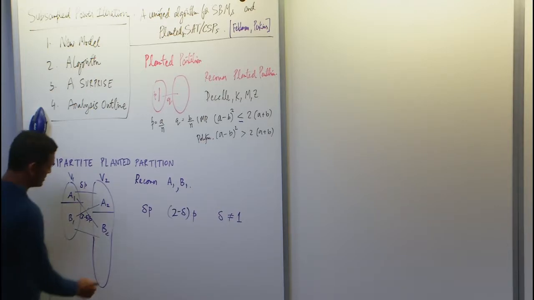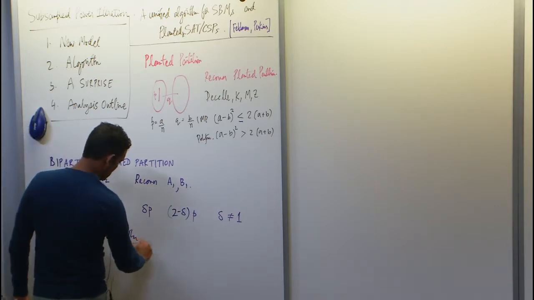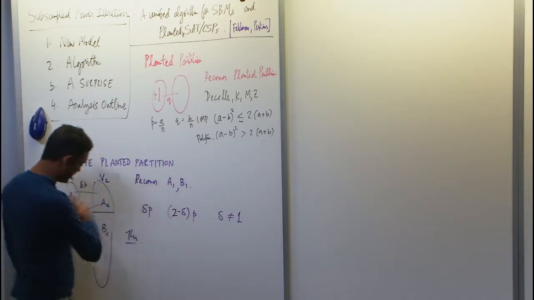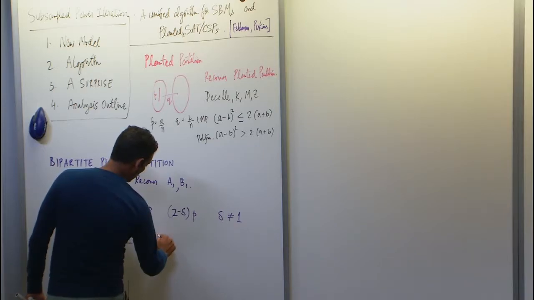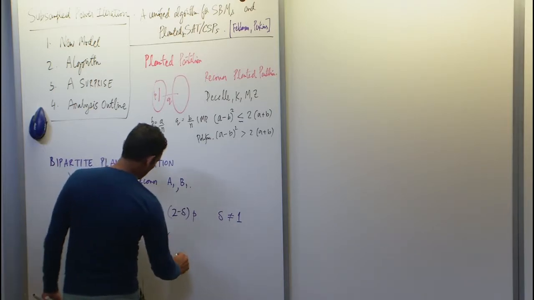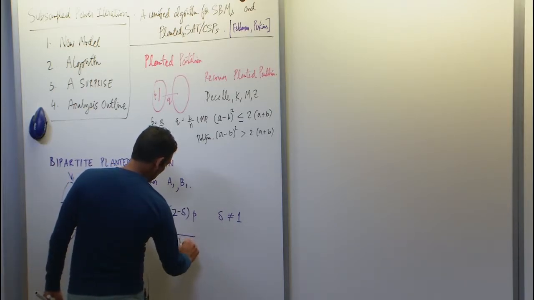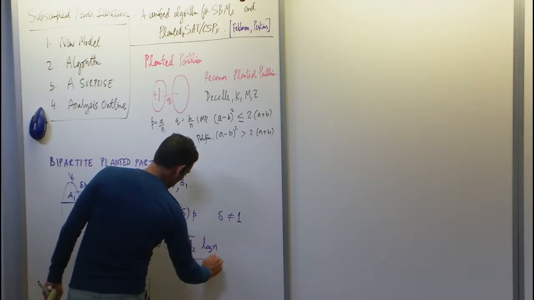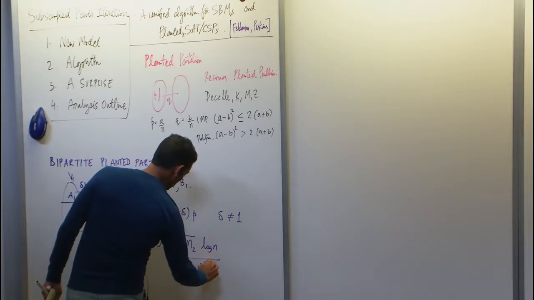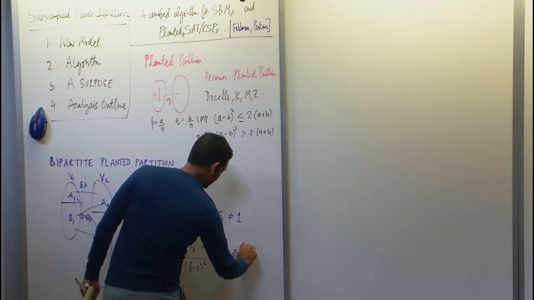Okay, so then theorem: we want exact recovery, the entire A1, B1. Order square root of n1 n2 log n over (delta minus 1) squared edges suffice.